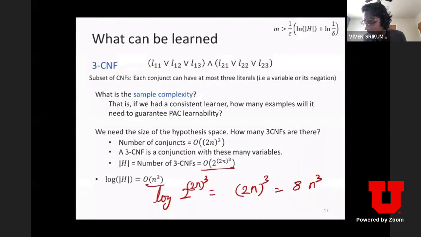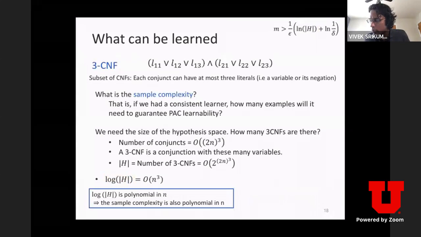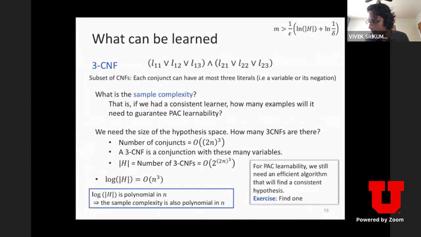So the important point here is really that the size of the hypothesis space is order of n cubed. We can plug that in here, which means the log of the size of the hypothesis space is polynomial, which means the sample complexity m is also polynomial, which means 3CNFs are PAC learnable.